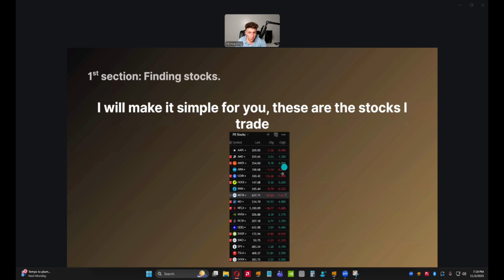Now, which one's up the most? MU. So this tells me that MU is the strongest one and Coin is the weakest one. But since SPY and QQQ are both green, we're going to be focusing on the strong one, MU. But say SPY and QQQ start to dip during the day, we'll be looking at the weakest one.